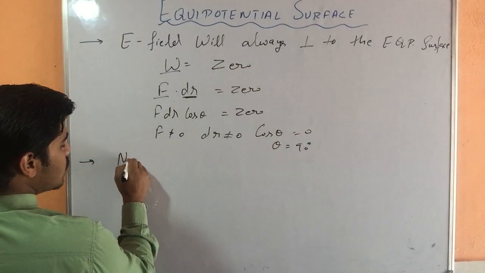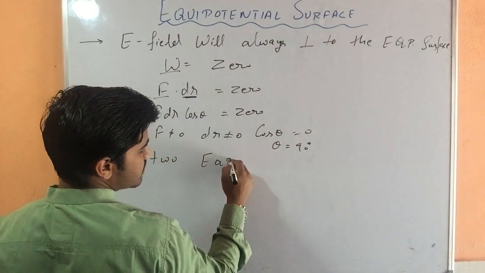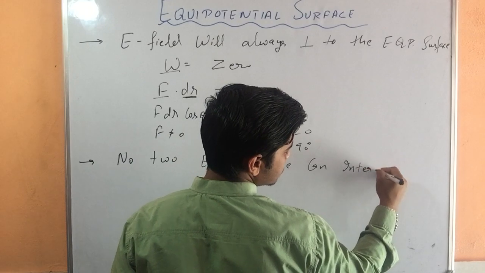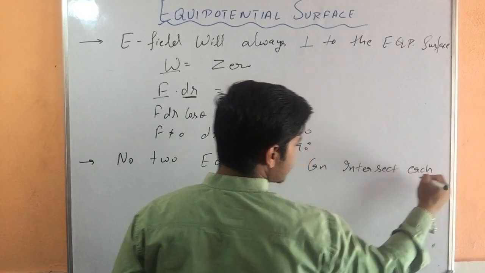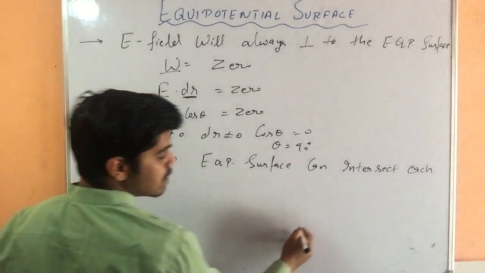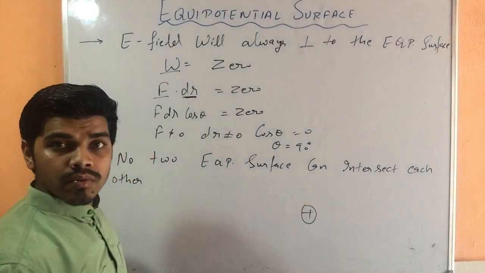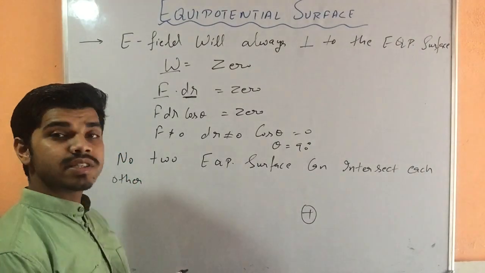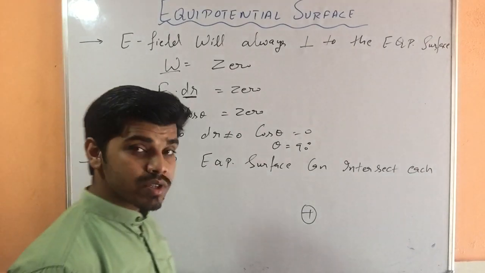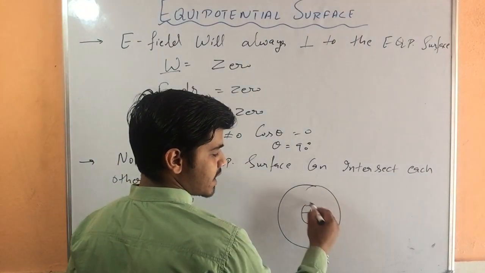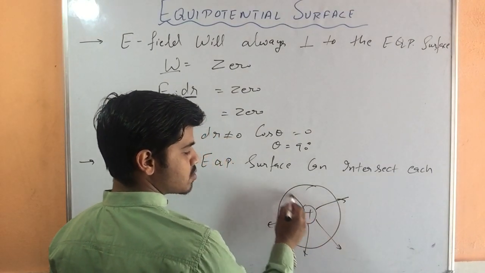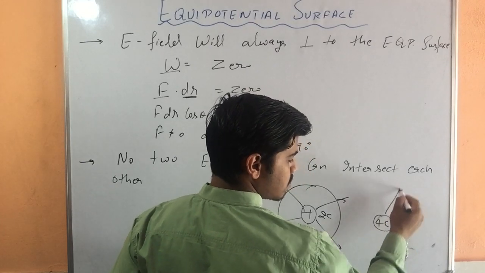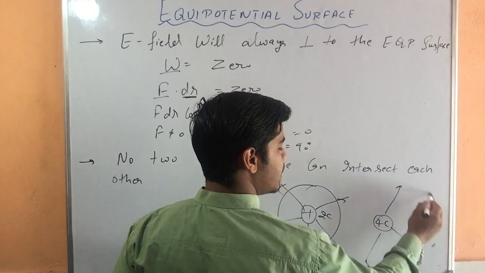Next, no two equipotential surfaces can intersect each other. Because if they do so, let us consider the equipotential surface of a point charge of 2 coulomb and another equipotential surface of 4 coulomb that intersect.